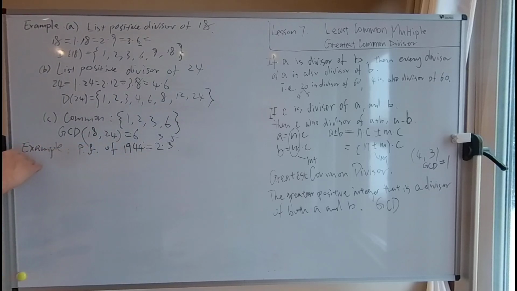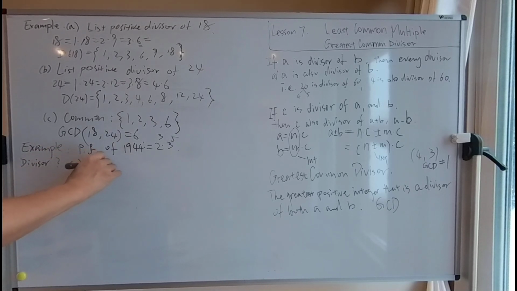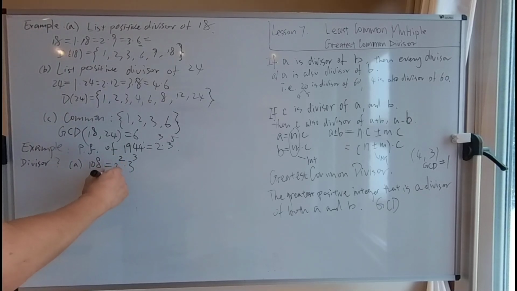Determine whether the following numbers are divisors of this number or not. First one, 108. Again, if we assume that we already know the prime factorization of 108, then let's check whether this is a divisor of that number.